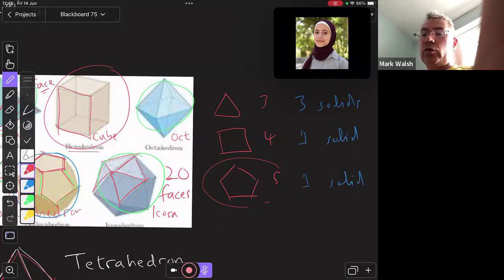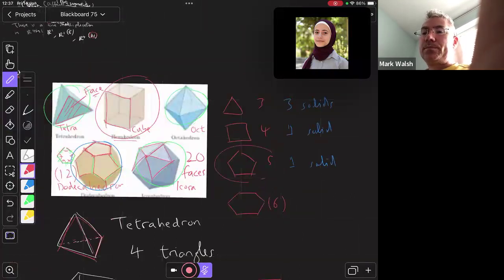And the next question then is, well, what about the hexagon? Sorry, made a mistake. So that's the six-sided hexagon. What do you think? Do you think you can build anything using the hexagon that's regular? What would you guess, given the picture I've drawn?